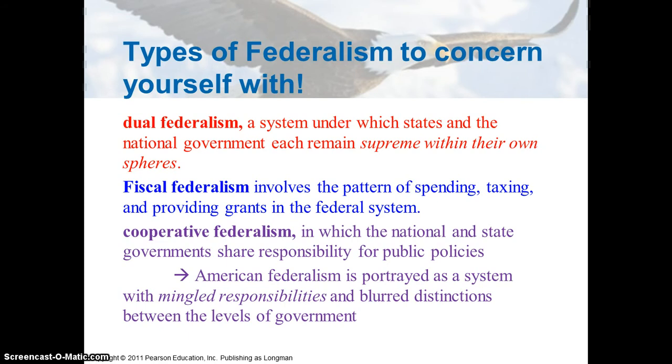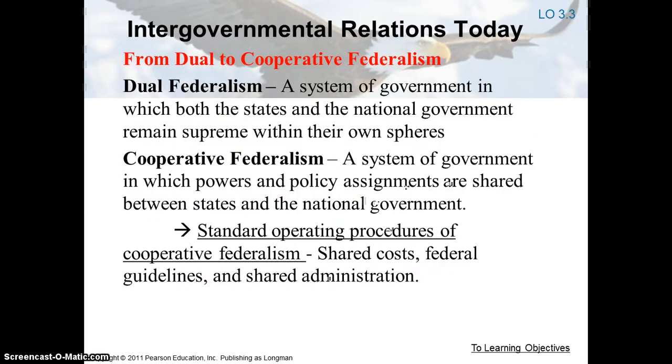That's why cooperative federalism doesn't work well. That's why you want to use marble cake to describe the federalism system that we use here in the United States. So, overall, when it comes to federalism, what you're really talking about is intergovernmental relations.